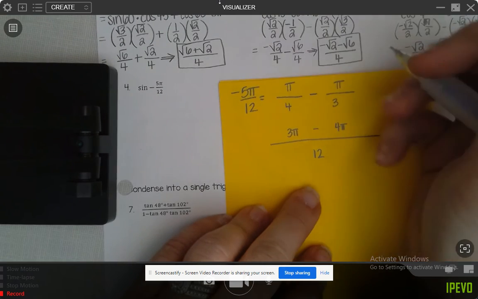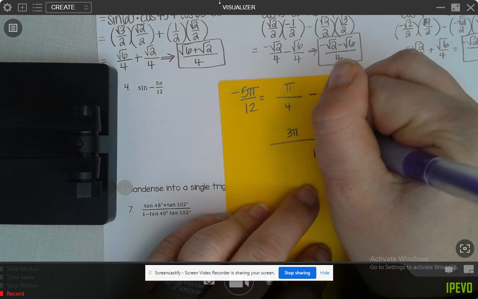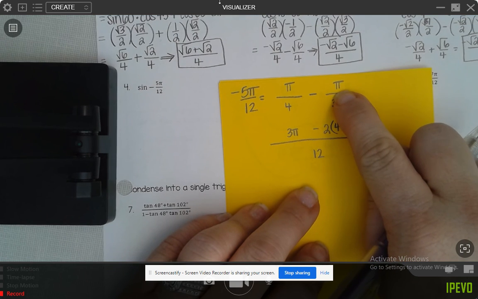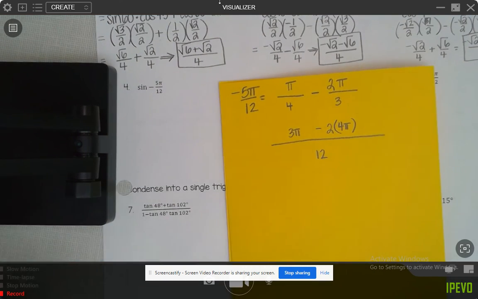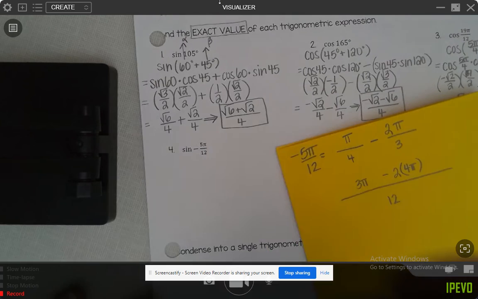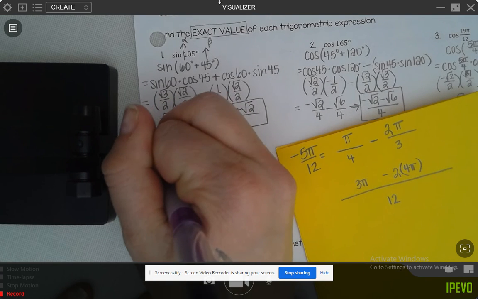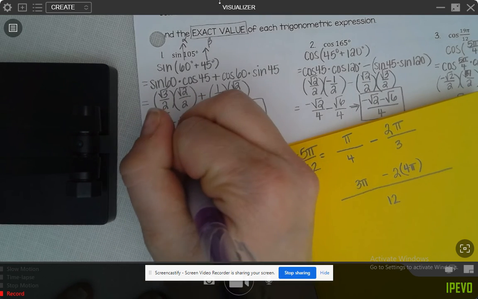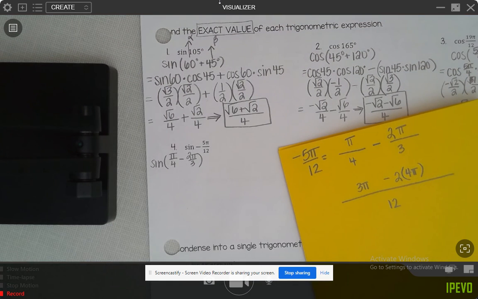So what do I have to multiply this by? 2. So this becomes a what up here? 2, right? Does everybody follow me there? So then I'm going to write this as the sine of pi over 4 minus 2 pi over 3.